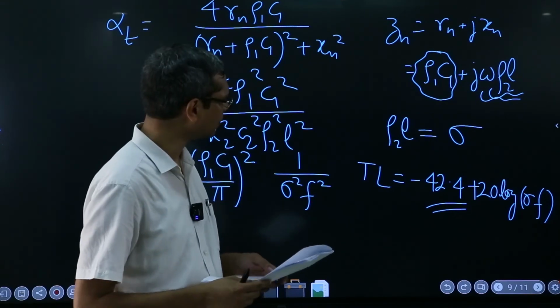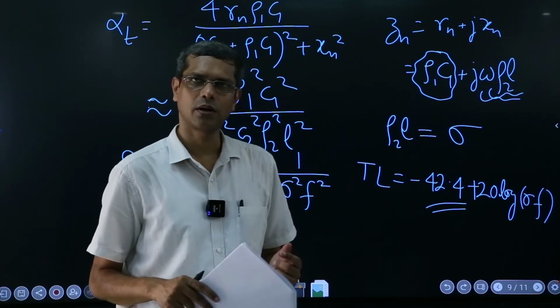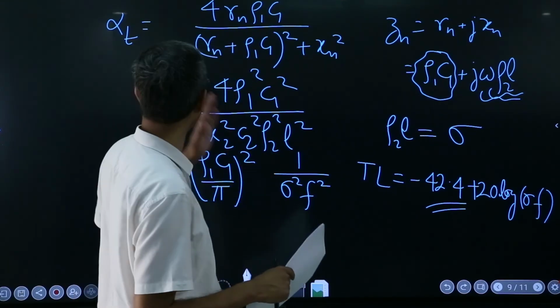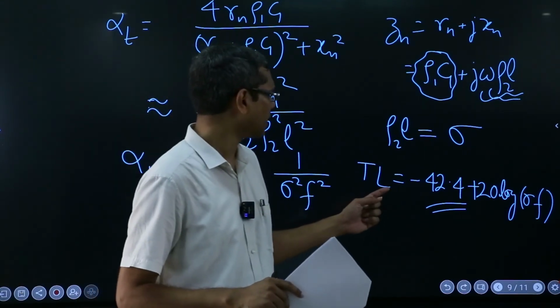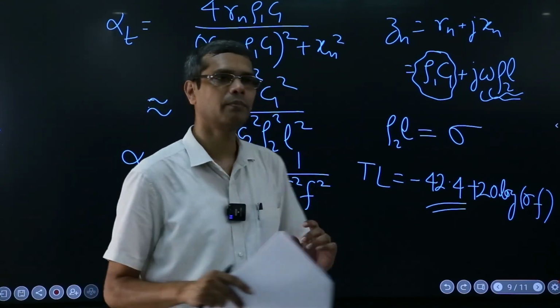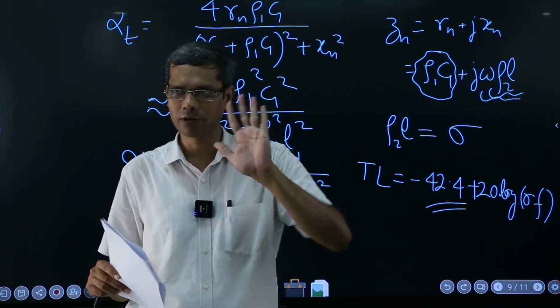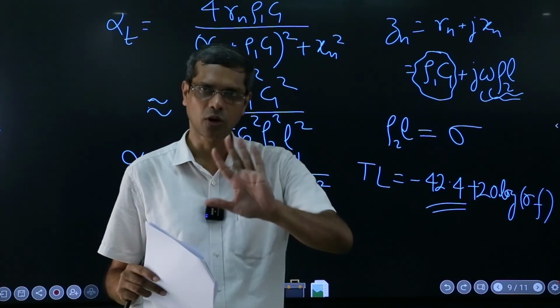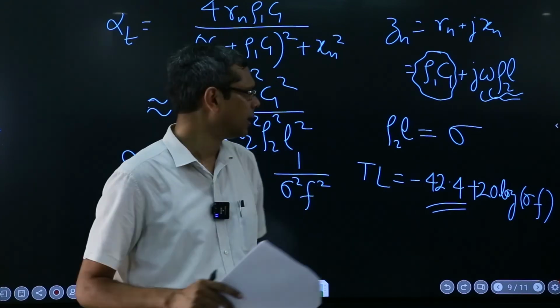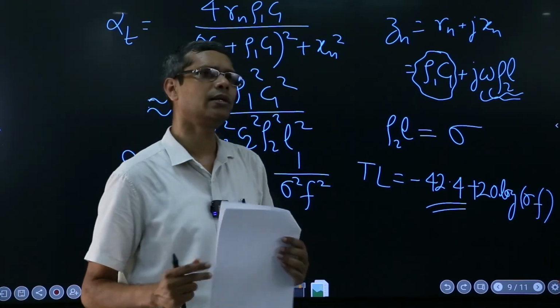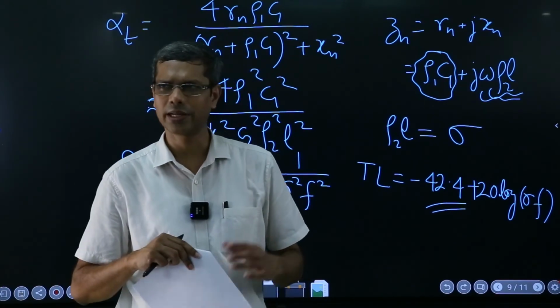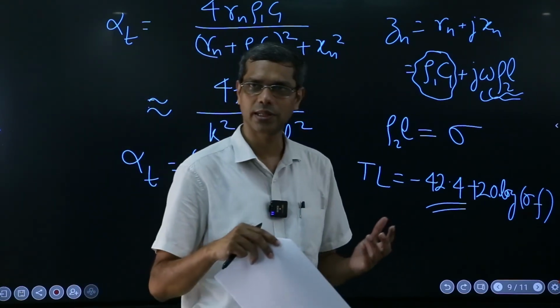But there is a restriction or limitation of using this. We have evaluated all this by considering normal incidence, right? Wave is always hitting the wall normally, head on. But in general waves will come at various angles, so it is called random incidence.